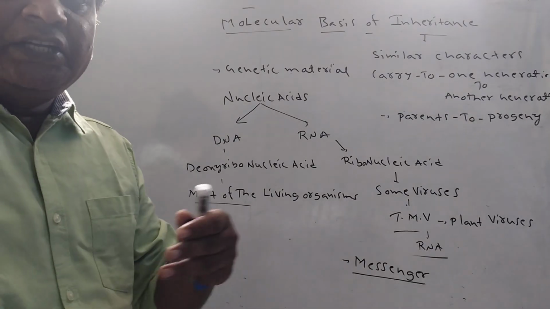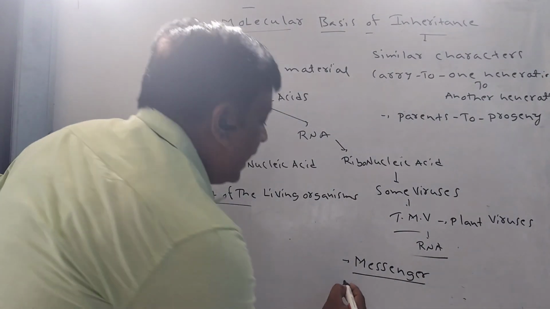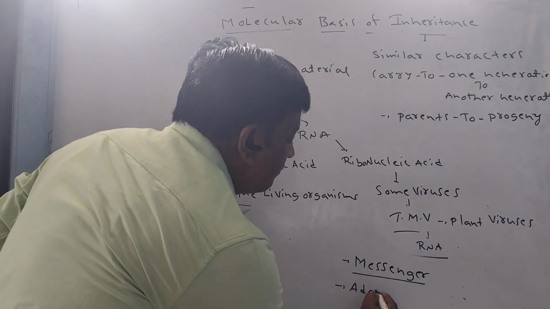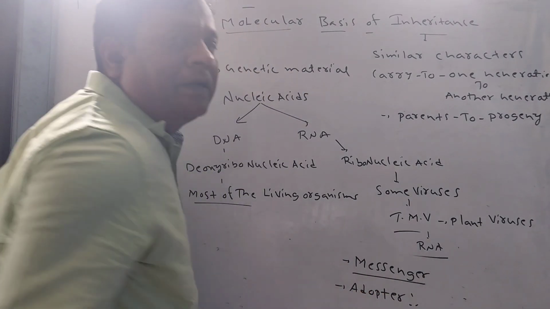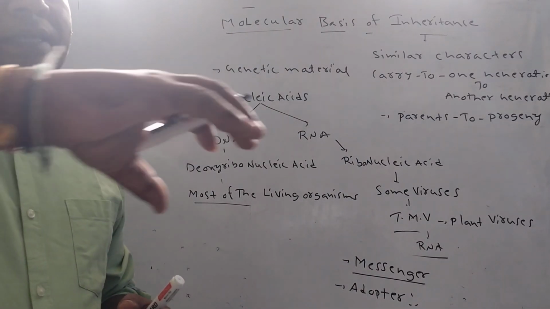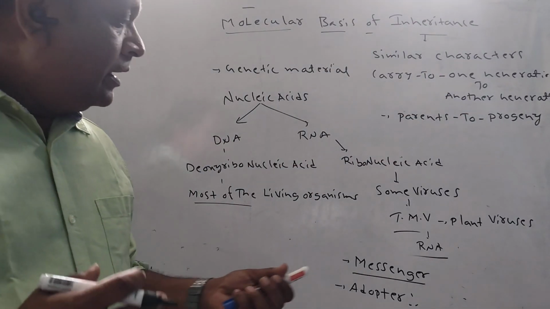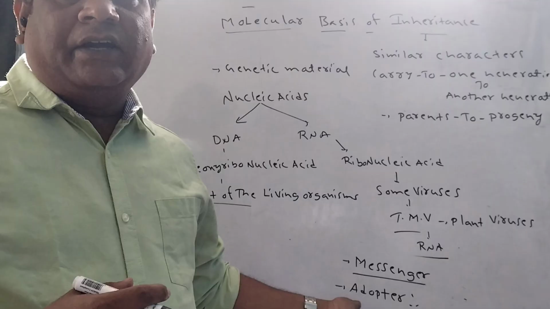That's what we call messenger. And they act like an adapter. Adapter means in the protein synthesis process, they pick up the amino acid to transfer to the protein chain. That's why we call it adapter.